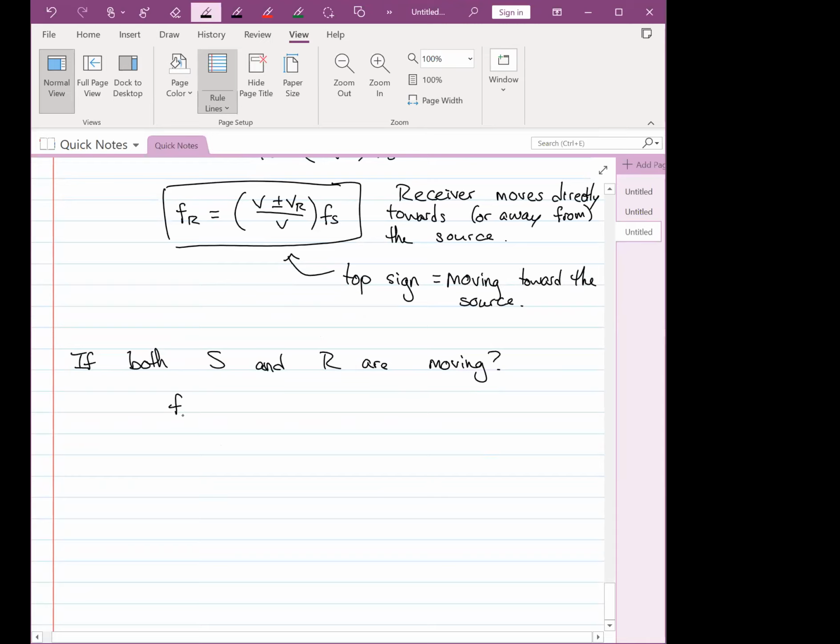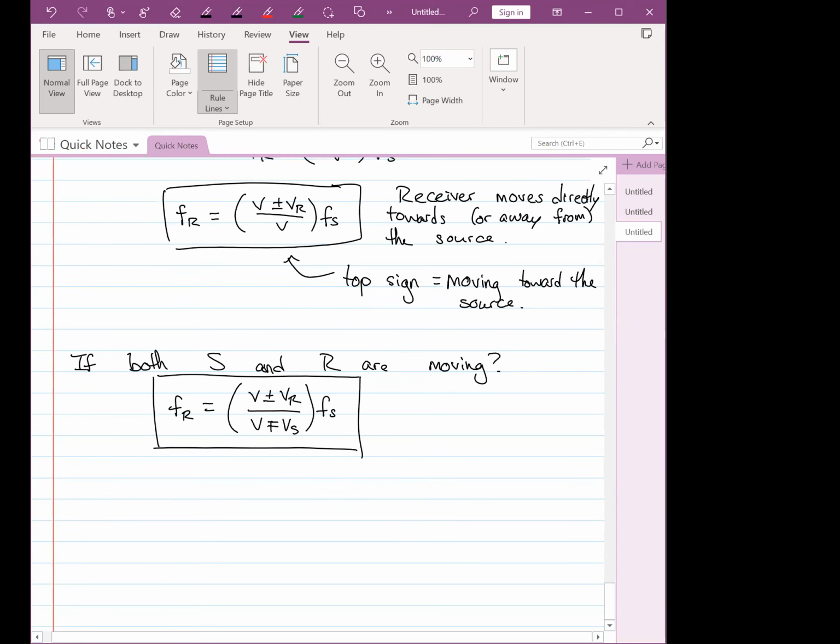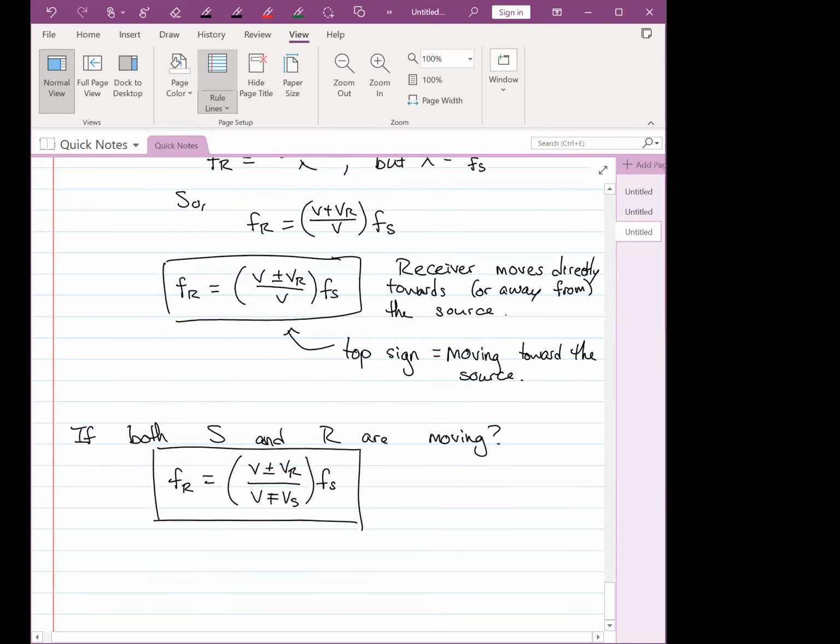We get that f sub r, the observed frequency by the receiver, is v plus or minus v sub r divided by v minus or plus v sub s, times f sub s. And so here, this is our final Doppler effect equation. This is the Doppler effect, by the way. I can't believe I didn't say this. The Doppler effect is the observed change in frequency when a source and a receiver are moving relative to each other.